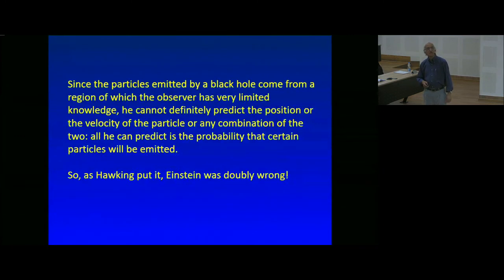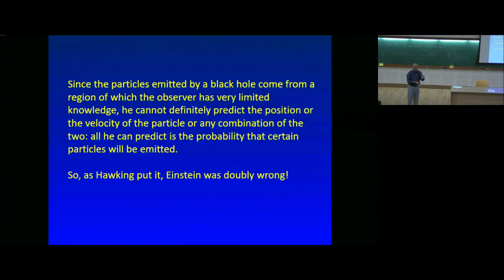Because if you remember, since the particles emitted by a black hole come from some region, you cannot say it came from there or there or there, it comes from a certain region. You cannot predict precisely the position or the momentum or a linear combination of it a la Heisenberg, you can't even say that.